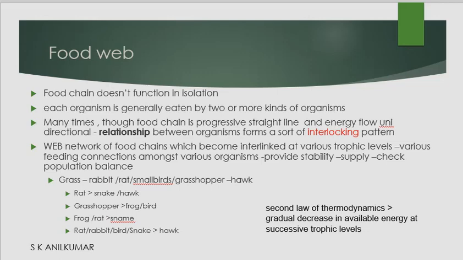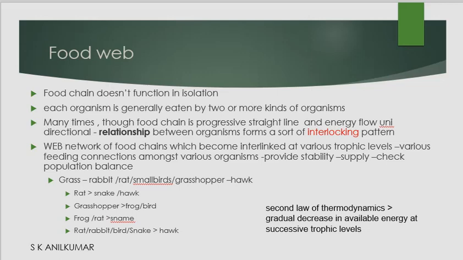If each organism is generally food for more than one organism, then it will create a crisscross pattern of interlocking relationship. The crisscross pattern of what is being eaten and being eaten by more than one type of organism is called a food web.